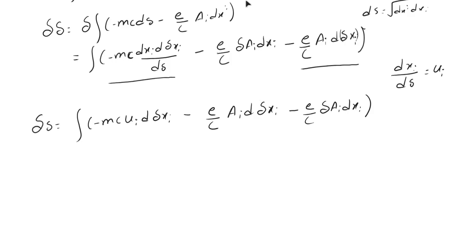Now we'll do the integration by parts. When you do that, we get minus mc. For convenience, we'll integrate this function and take the derivative of the other function. When we take the integral of this, we get the variation of xi.